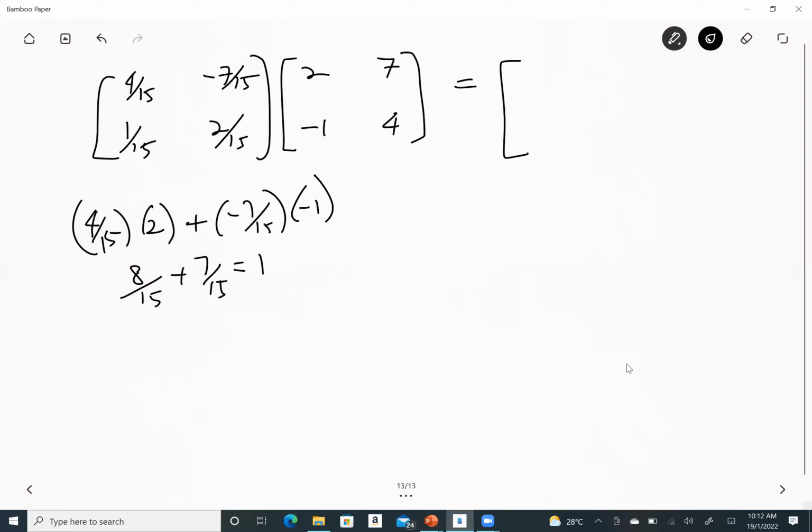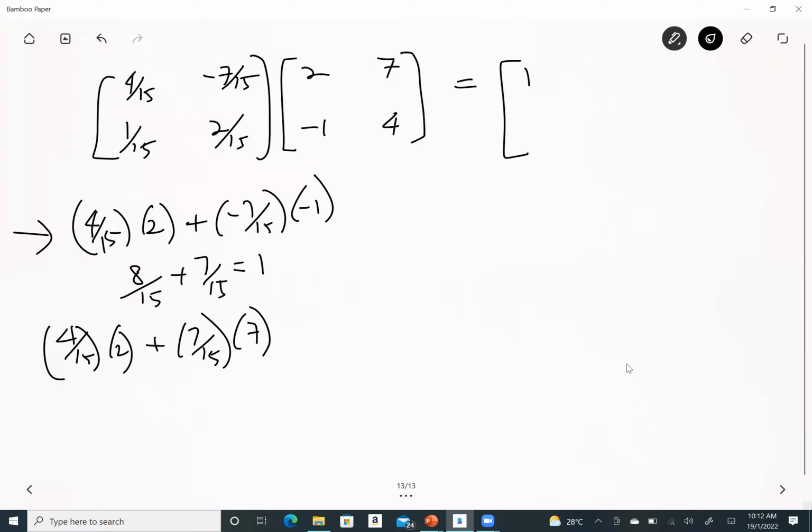So you got 1. Now show the work. You multiply. Don't just give the answer. If you just give the answer, that is wrong. And then you multiply row 1 with column number 2. I get 4/15 times 2, and then you add 7/15 times 7.